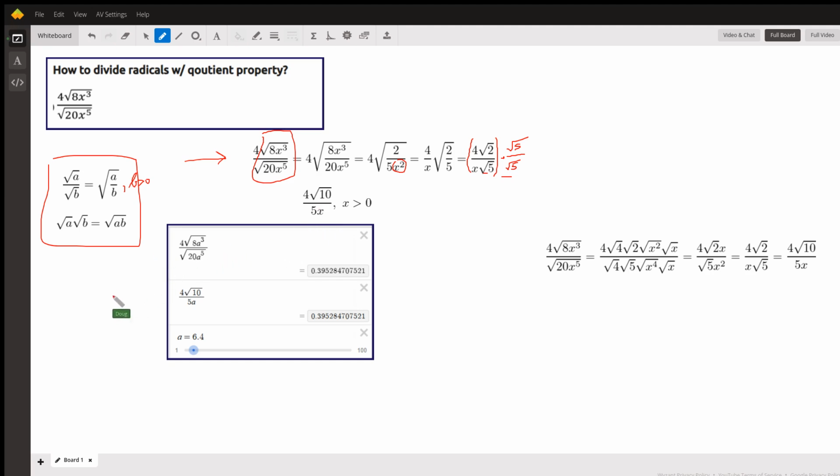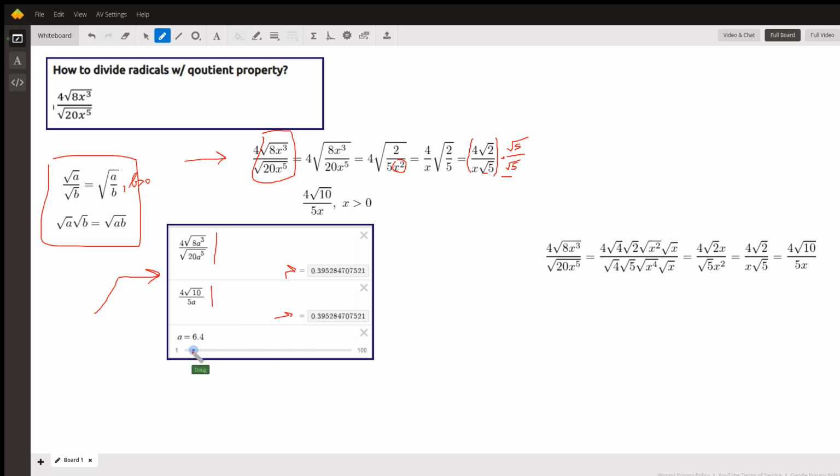And this little rectangle right here from Desmos shows you that the original expression, although I used an a instead of an x, and this expression have the same decimal equivalent.